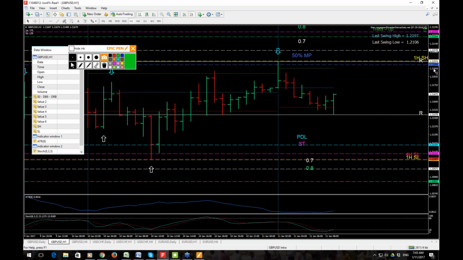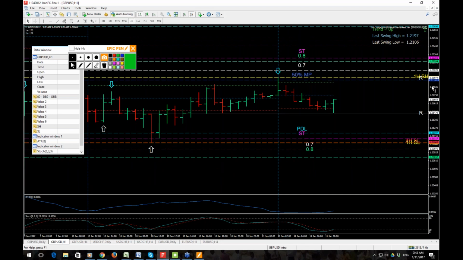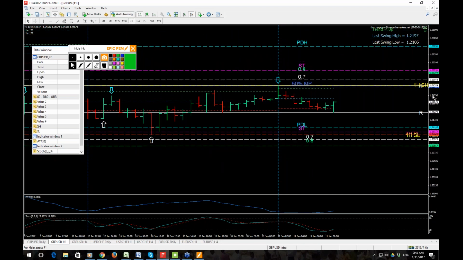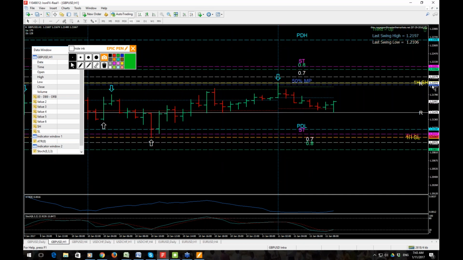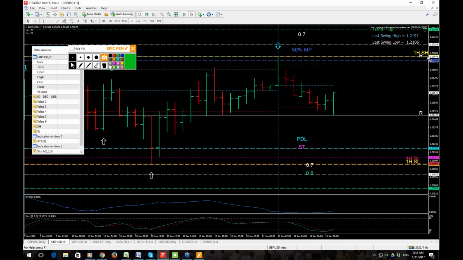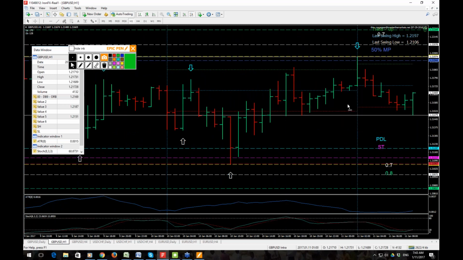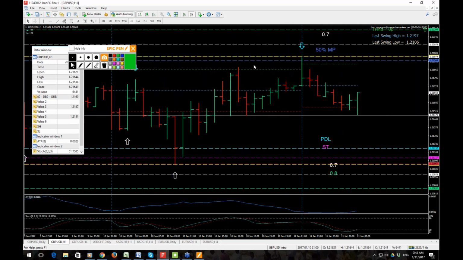Now the next thing that we look at, once we've done the 4 hour swing high, 4 hour swing low, and the 1 hour swing high and 1 hour swing low levels, is the previous daily high and the previous daily low levels. Between these 2 blue lines is 1 day, and in that day we get 24 bars because it's a 1 hour time frame chart.